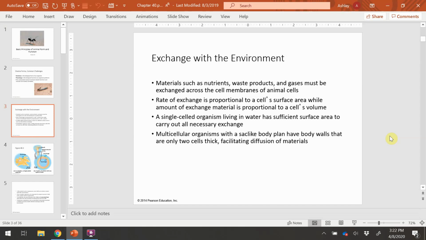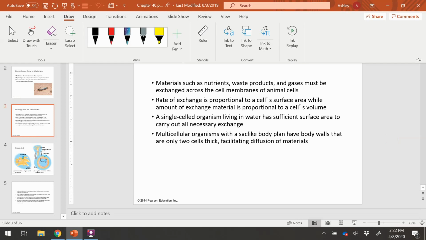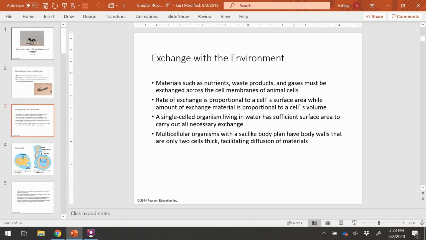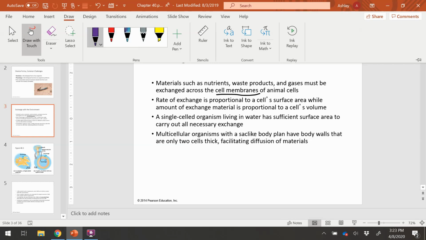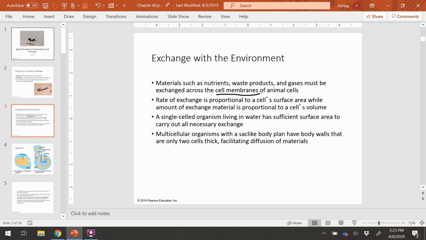Going across the cell membrane is the up close thing to look at. That's what it boils down to, how you get across the membrane of all the cells. That can be a challenge for some organisms.